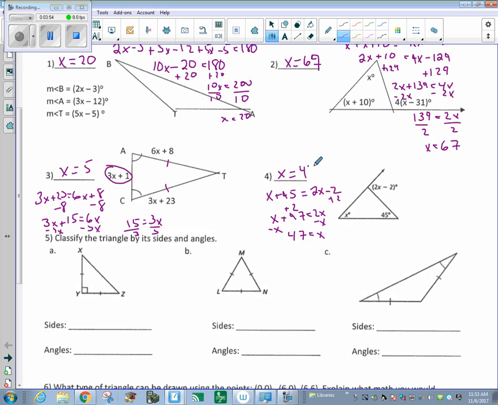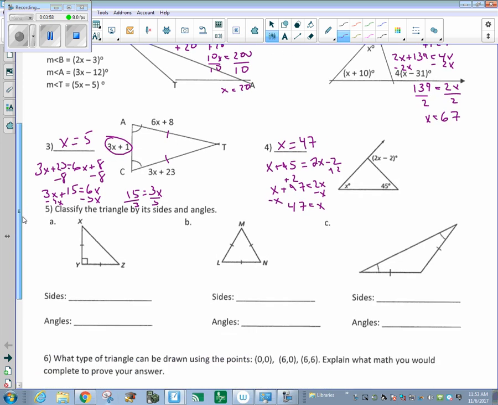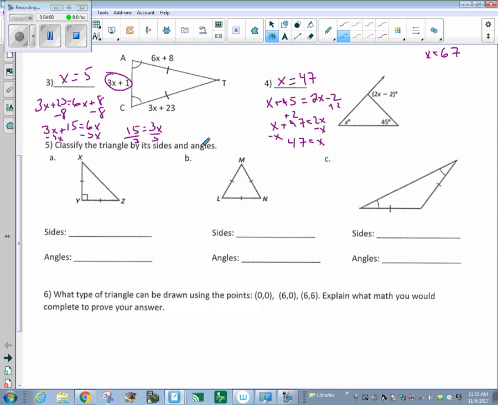All right, and then down here in example 5, they're asking us to classify the triangles by their sides and by their angles. Remember, the side choices are scalene, isosceles, and equilateral.